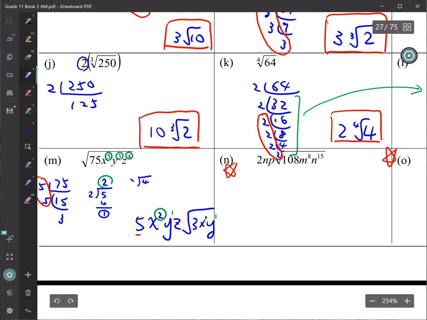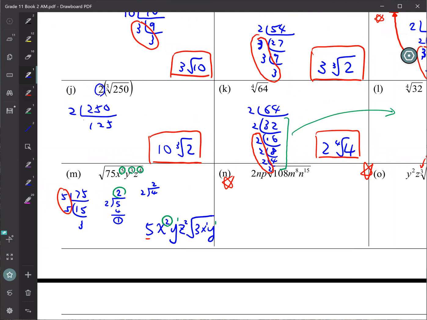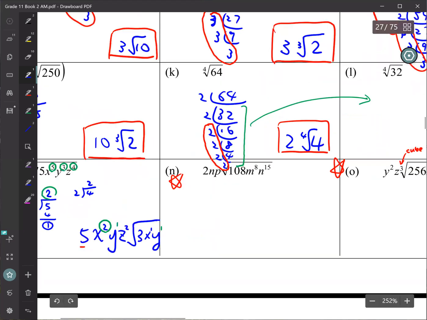If you take 4 divided by 2, you get 2 pairs. So the z should carry a square, right? And then no more z on the inside because there's no remainder. Okay? So we do the same thing for the other ones. So question N.